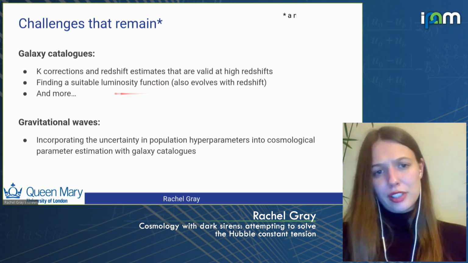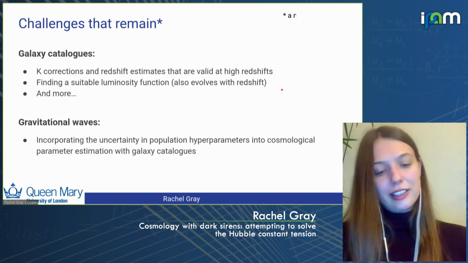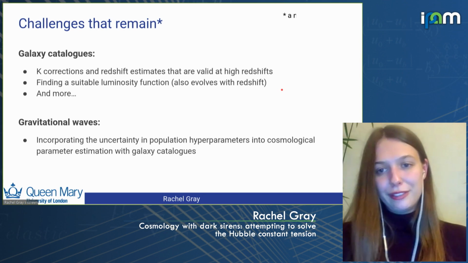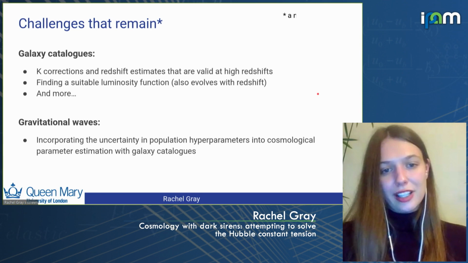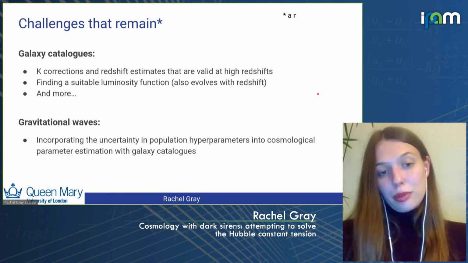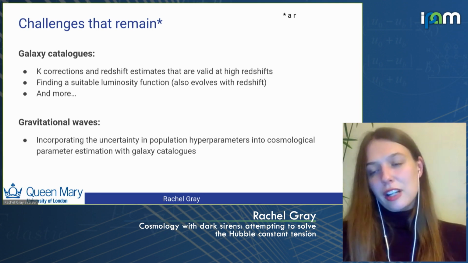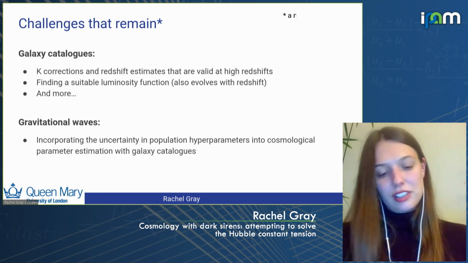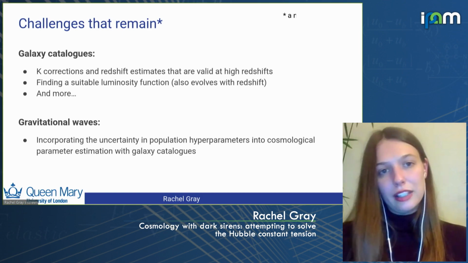Also, the luminosity function has redshift dependence, which should also be taken into account as you're detecting events at higher redshifts. On the gravitational wave side, obviously, incorporating or marginalizing over the uncertainty in population hyperparameters is going to be a very important aspect to this analysis over the coming few years.